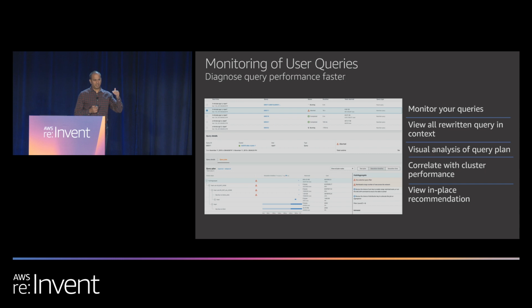You can look at how the CPU for your Redshift cluster was being used when the query was running slow. You can look at the visual explain plan or see how that query would have performed. And it also shows you recommendations, so you can see what you can do to rewrite that query or suggest to your user to rewrite that query. This can be used to diagnose problems with queries, et cetera.